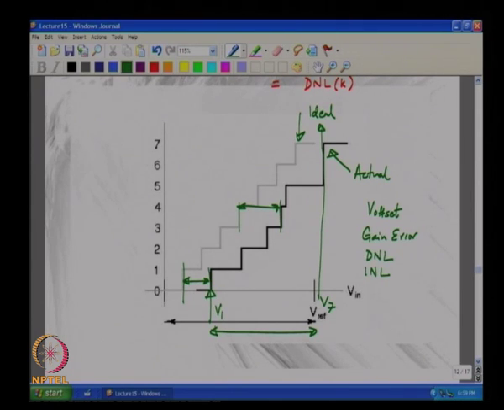V7 minus V1 divided by 6 is a much better approximation to the LSB rather than the ideal LSB I was trying to realize. Is that clear?